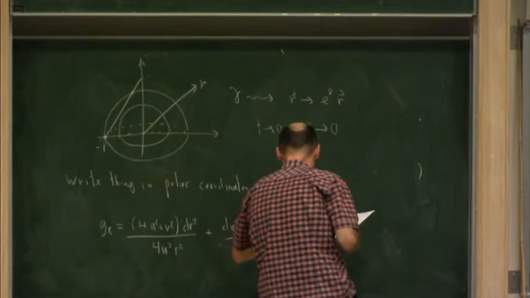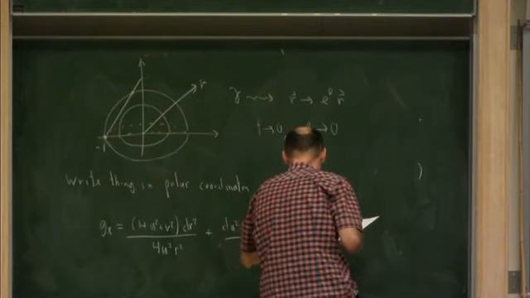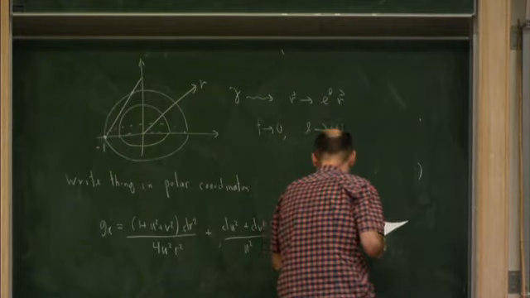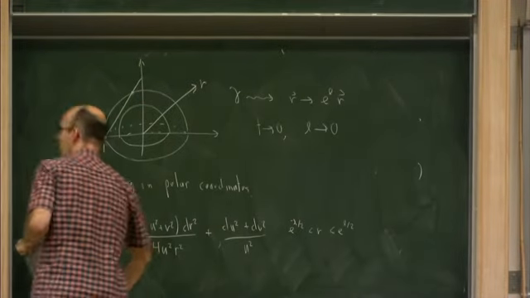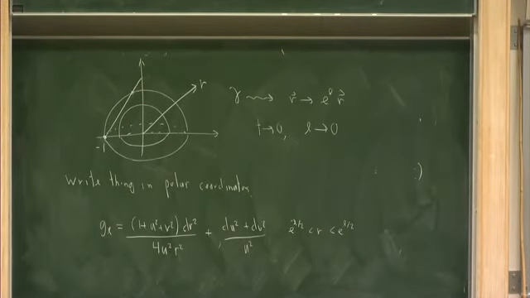And now I can think of R between e to the minus L over 2 and e to the L over 2. And it's almost what I want. So the model then is, you do a slight change of coordinates.